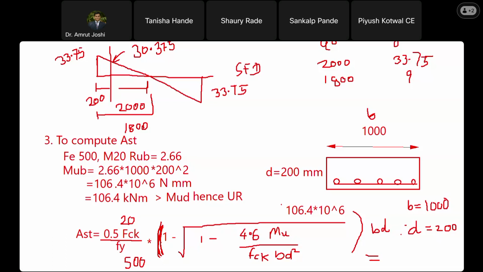I got it as 1507.77. Has anyone got that? 1507.77. Can you cross verify, Shreya? Yes, sir.